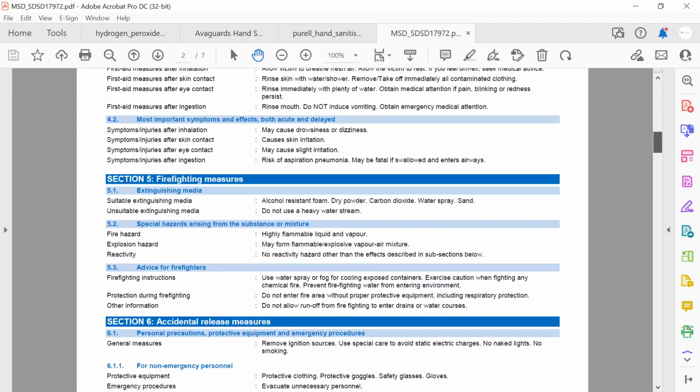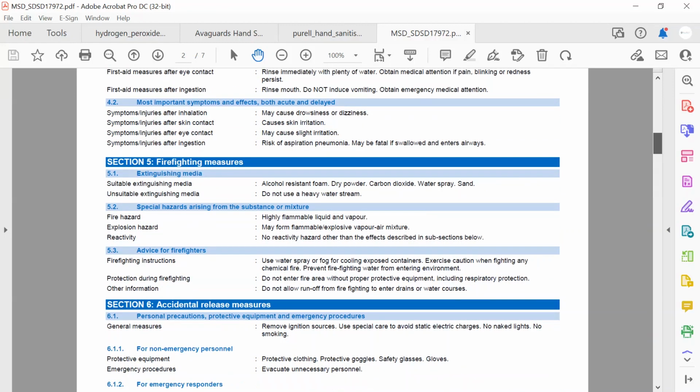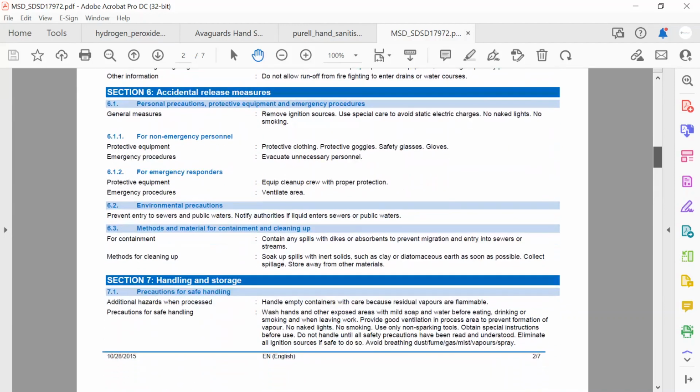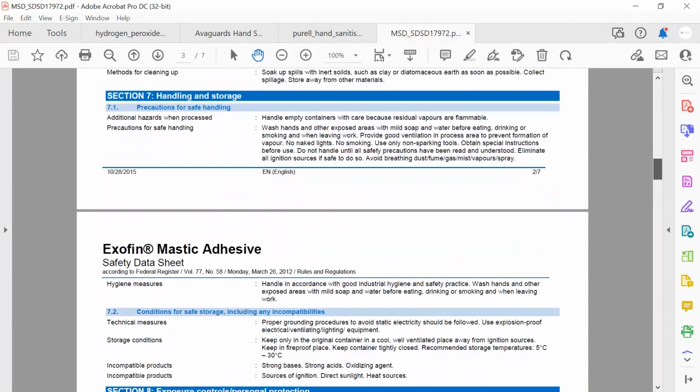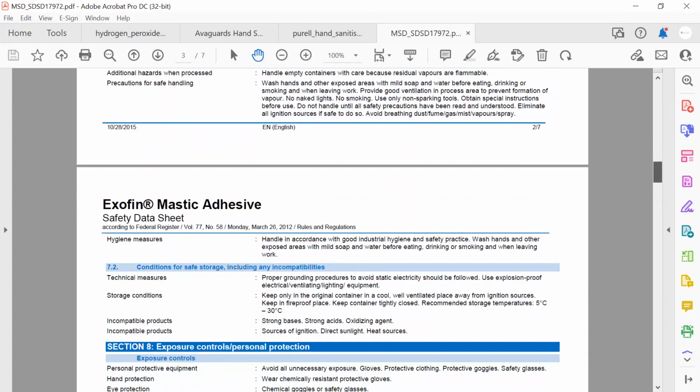It talks about your firefighting measures, accidental release, handling and storage. It even says to handle empty containers with care because residual vapors are flammable. So we talked about making sure we don't reuse containers sometimes and really closing them up all the way.